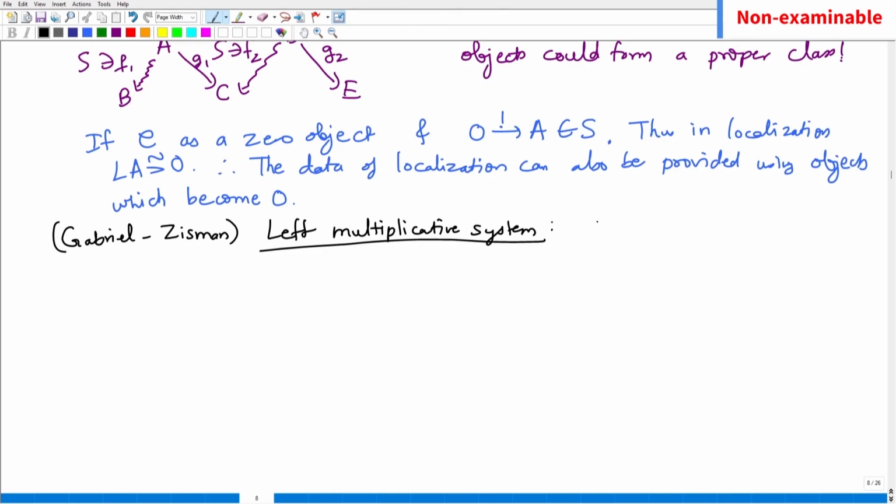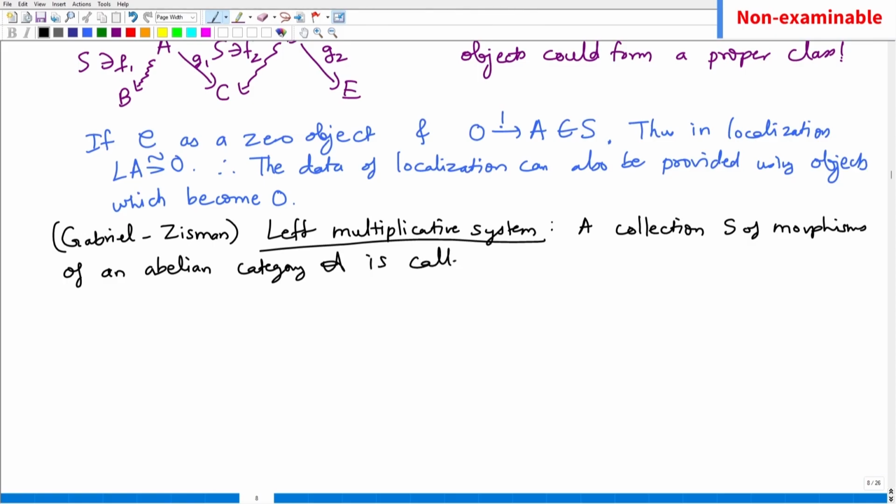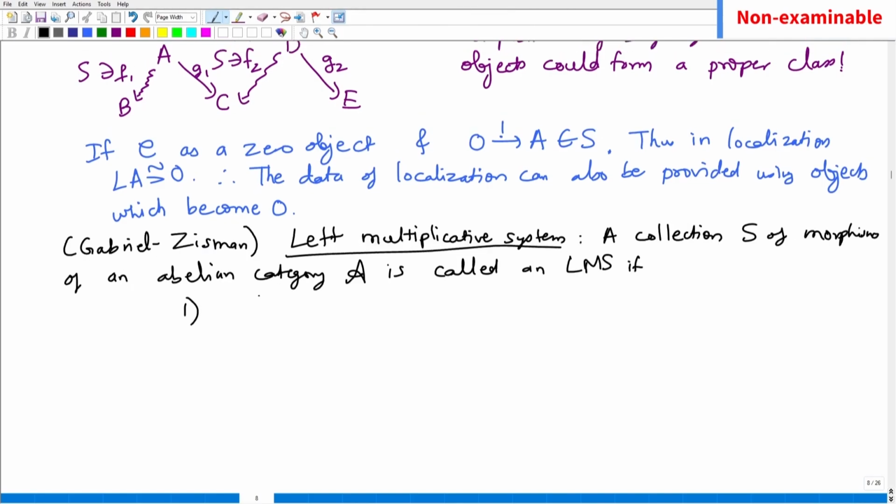A collection S of morphisms of an abelian category A is called an LMS, left multiplicative system, if first of all the identity belongs to S for each A in Ob A. Second property, it should be closed under composition.